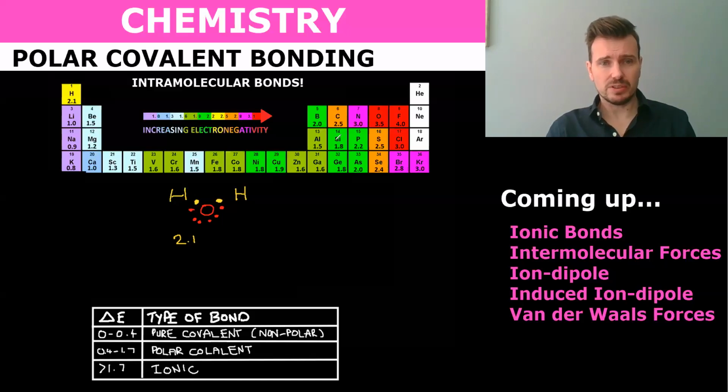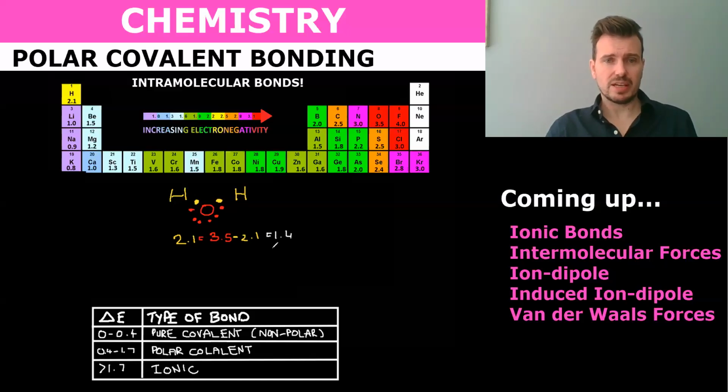Now let's look at oxygen. Its electronegativity is 3.5. So for our difference in electronegativity, let's do the H for this one because then we're going to get a positive. 3.5 minus 2.1 is going to be 1.4.